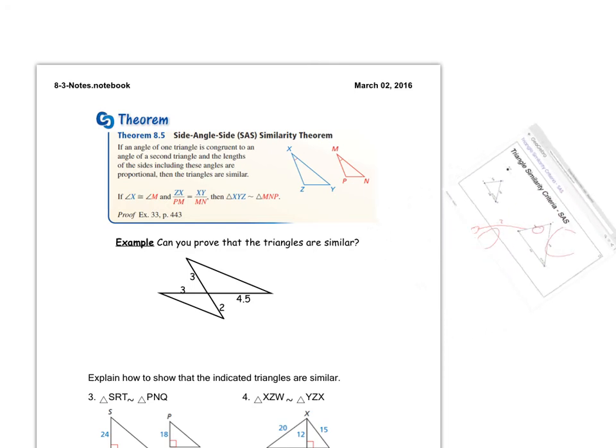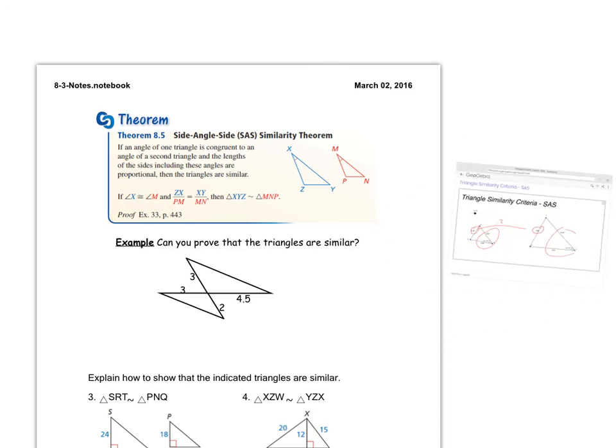And what this says is if two sides are proportional, and the angles are congruent, then the triangles have to be similar. All right? So notice that the sides that we're talking about are the sides that make up the angle. All right? That's the key.